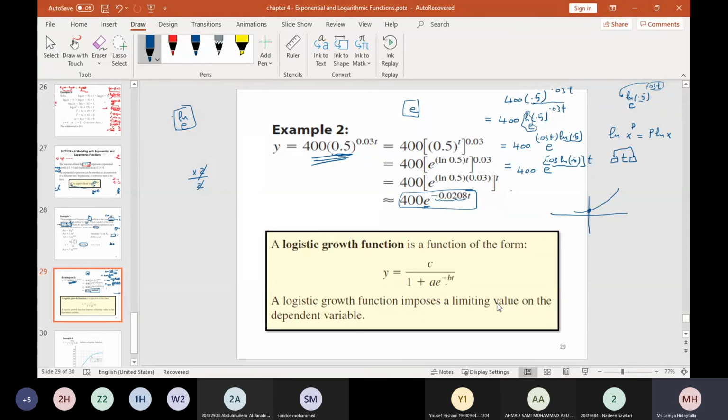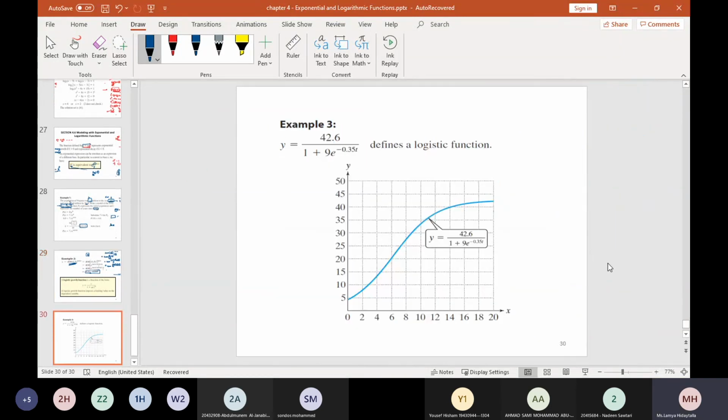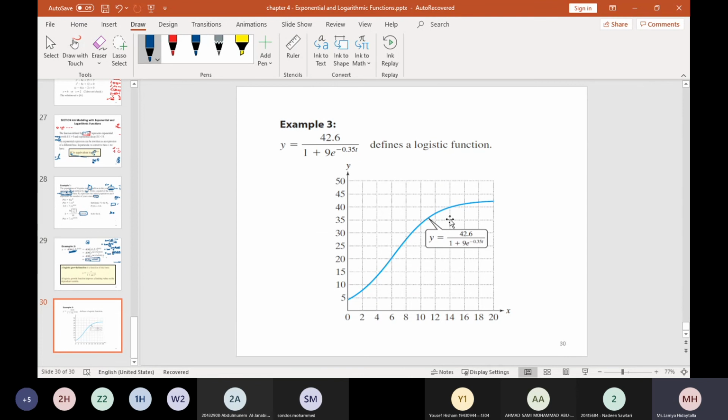This kind of function, if you draw it, you will find that there is a limiting factor, that is the number c. This function can never grow like that to infinity, but it goes like this and here it's like that. It's going to be like that.